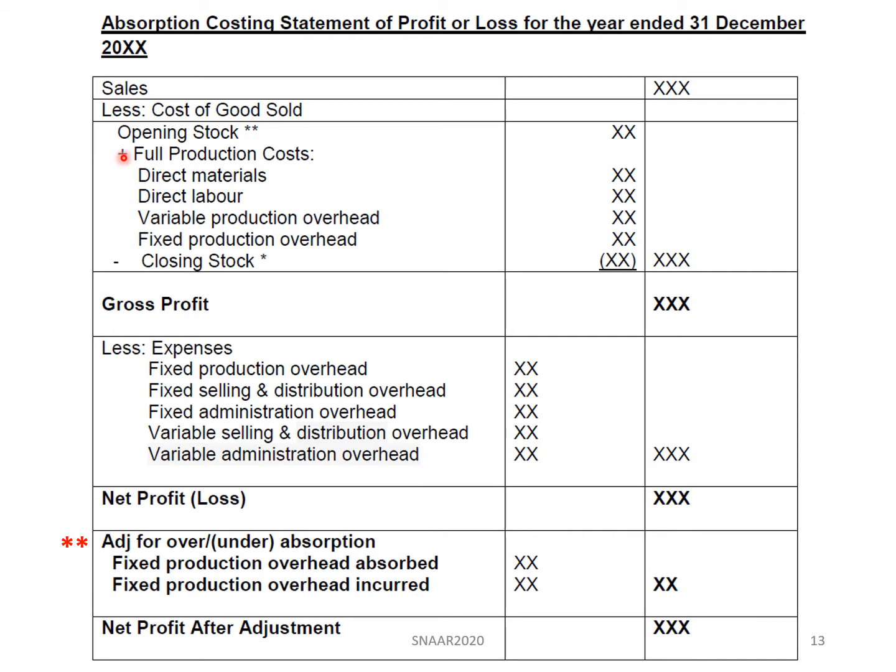So dia akan ada full production overhead, full production cost seketul je kat sini untuk my workings. Closing stock sama, I ada juga kat sini. Gross profit, okay. This one kalau you guna absorption, dia panggil kat sini gross profit, dia tak panggil gross margin. And then you akan tolak expenses. These expenses adalah those yang the non-production overhead.